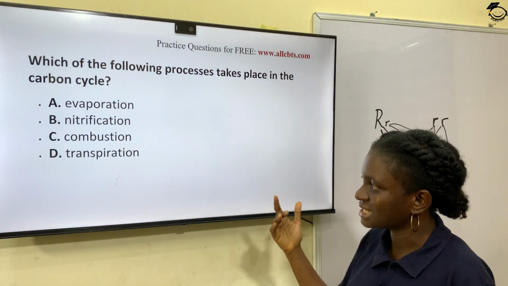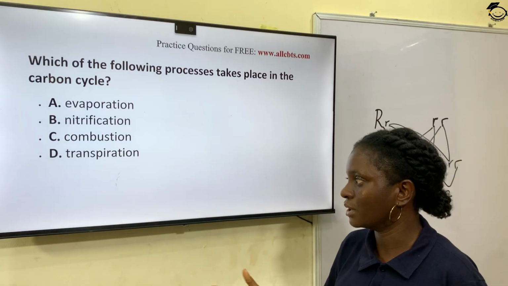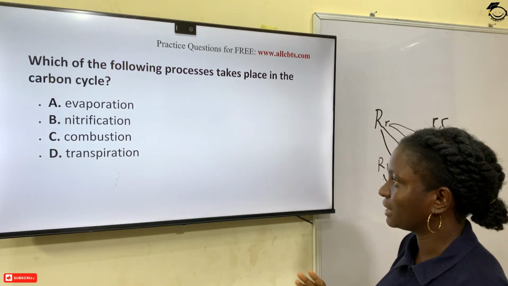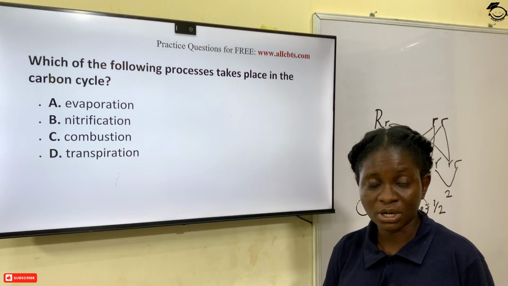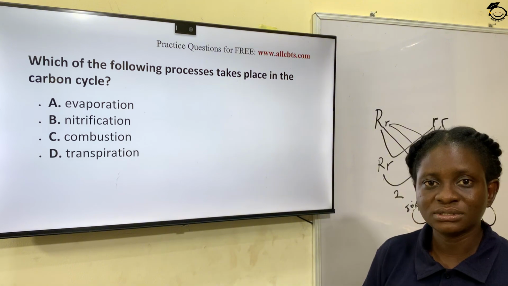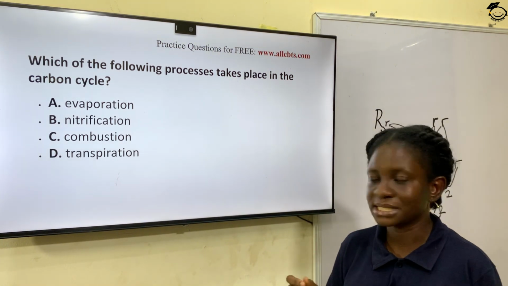Nitrification is in the nitrogen cycle. Combustion is burning of fuel. Transpiration is loss of water in plants. So the correct answer is combustion, the burning of fuel. There is release of carbon dioxide. So that is the correct answer, C.